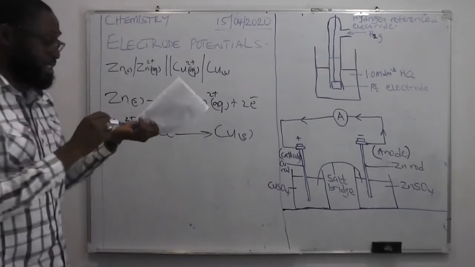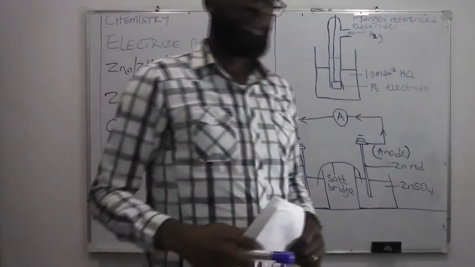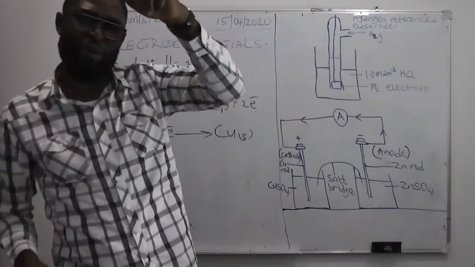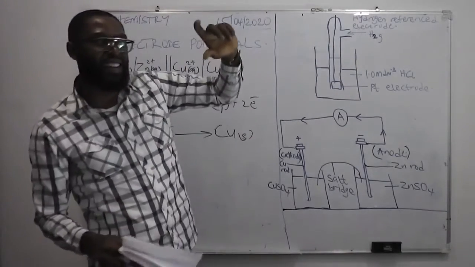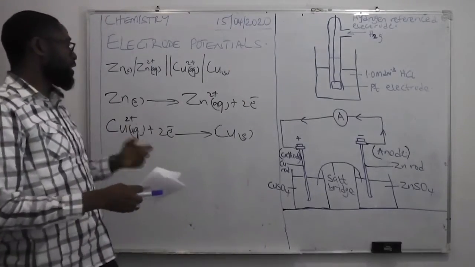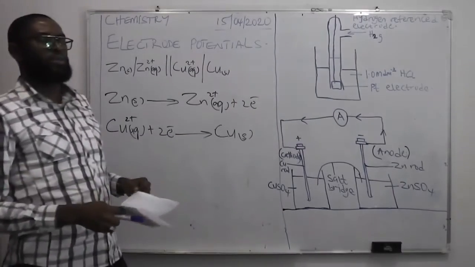It will rather gain what? Electrons. It will be deposited on the rod. This is happening as a result of what we discussed earlier in electrolysis. Remember, we talked about the electrochemical series. Their position in the electrochemical series determines which dissolves into the solution and which is decomposed on the rod.